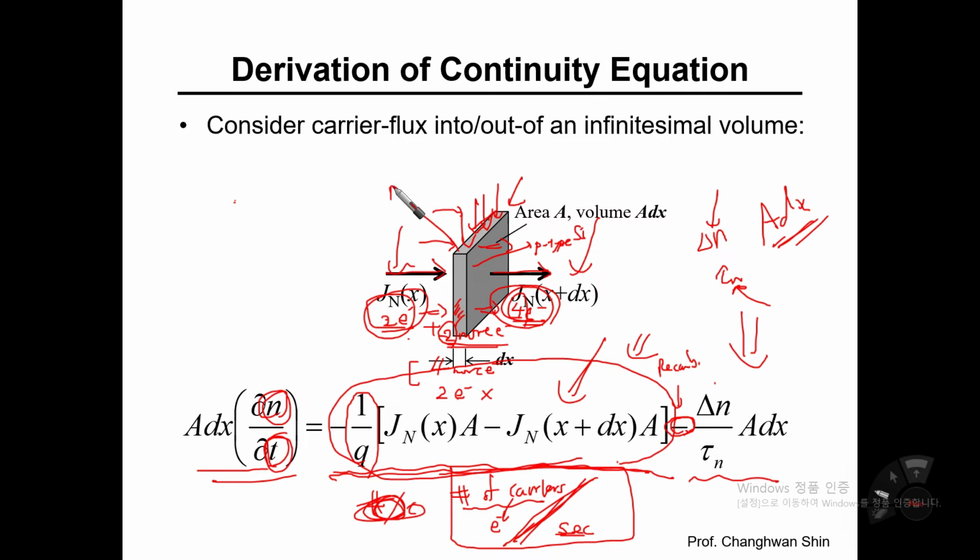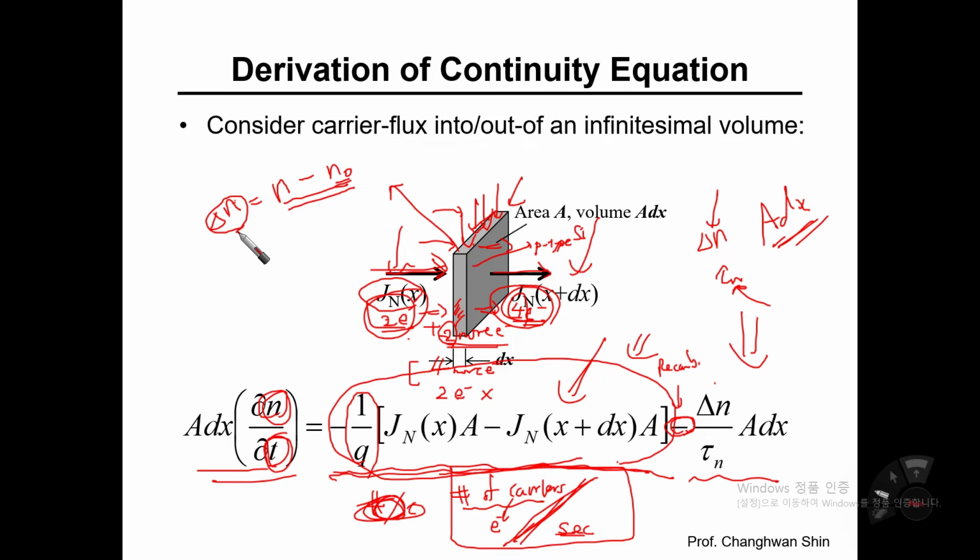Well, this volume itself has a certain amount of electrons, so I use n sub naught. That means at thermal equilibrium, before this current is flowing, this sample has its own electrons, denoted as n sub naught. But because of this current flow, more electrons have been injected. So the variation of electron concentration can be denoted as delta n, which is defined as the excess electron concentration.